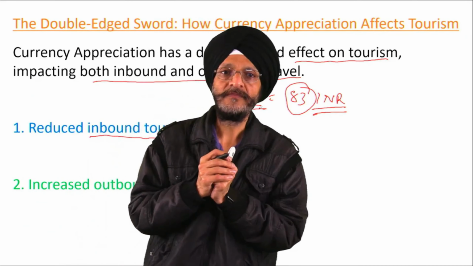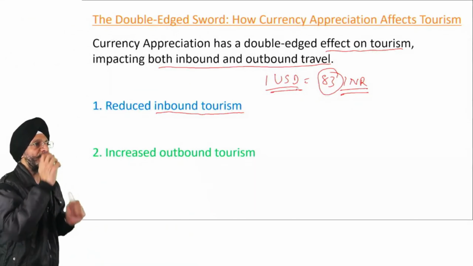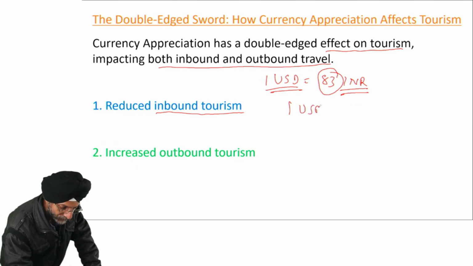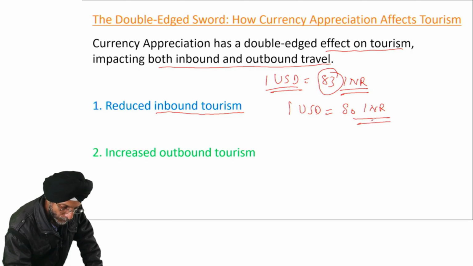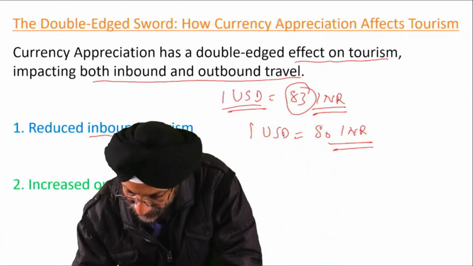Suppose the currency of India appreciates. Now, the value of the Indian rupee has appreciated and 1 US dollar is equal to 80 Indian rupees.